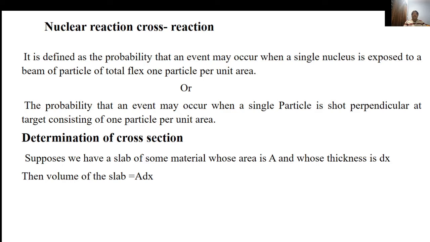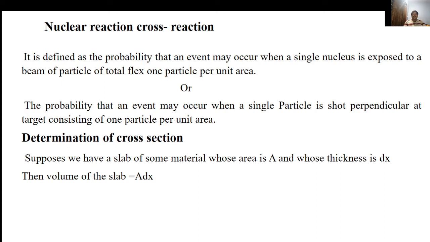Different nuclear reactions occur with different probability. In nuclear physics, we usually describe the probability that a nuclear reaction takes place in terms of a quantity called cross section.